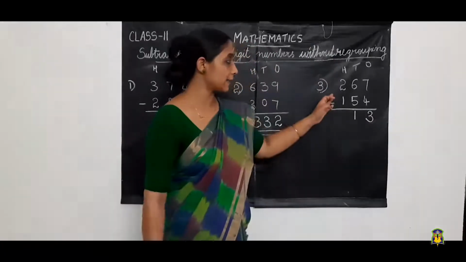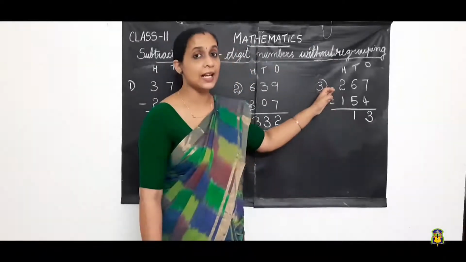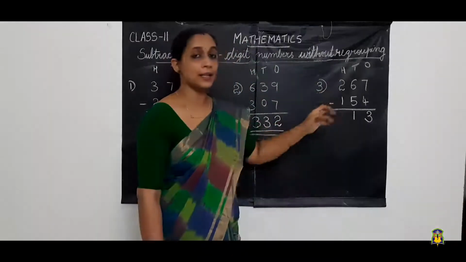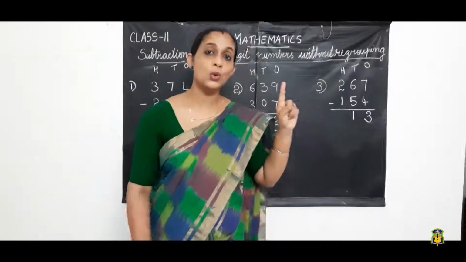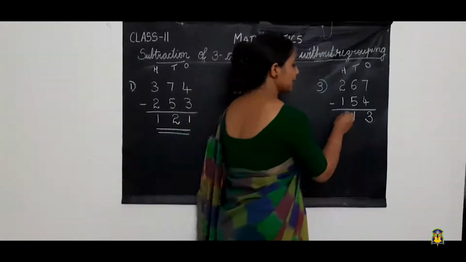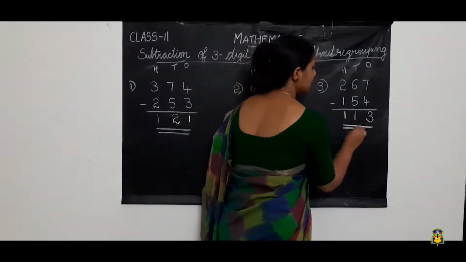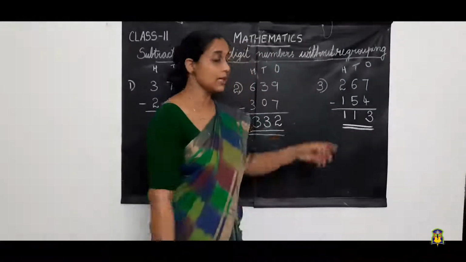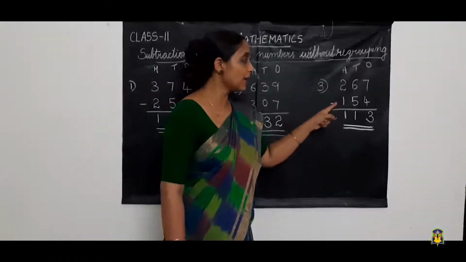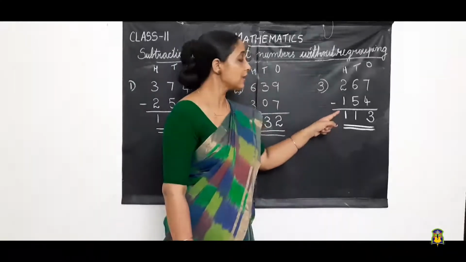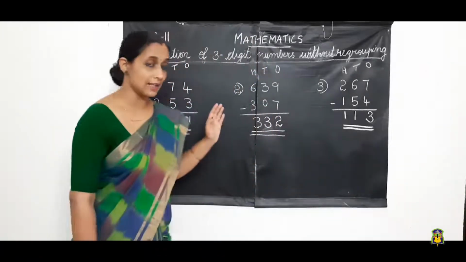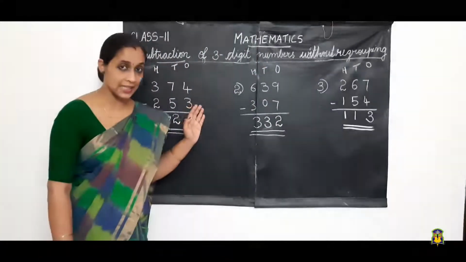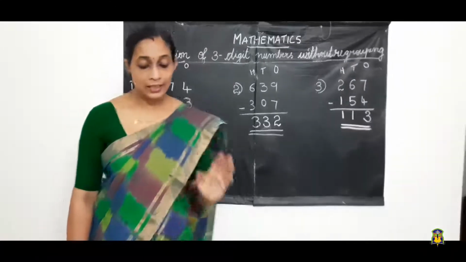Now, in hundreds place we have the digits 2 and 1. 2 in mind, 1 in hand. Before 2, 1. So, the difference is 113. So, the difference between 267 and 154 is 113. Okay, so now we have learned subtraction of three-digit number without regrouping.